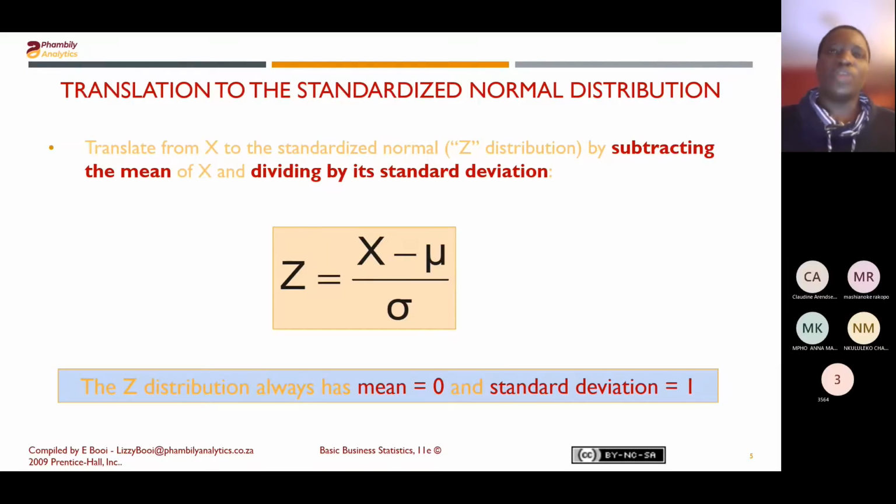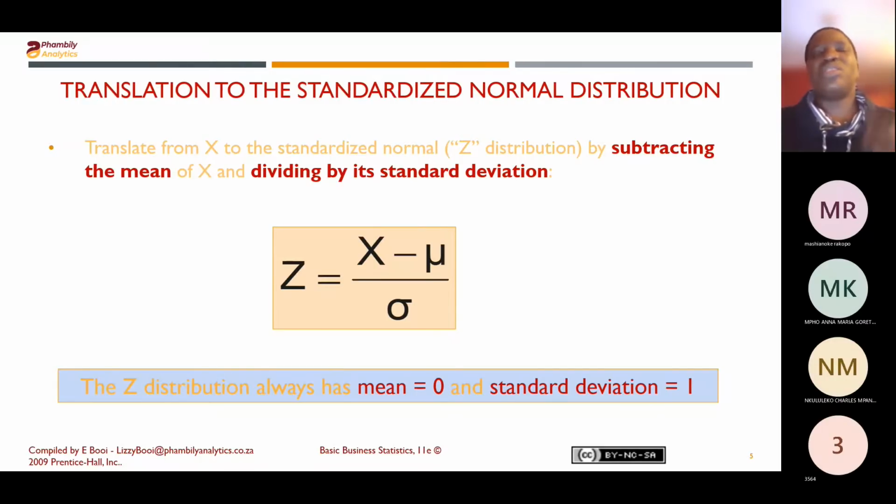Using the Z value, you can also compare and see whether there are differences between, let's say, marks. Students have written the exam, and we have exam results for physics, maths, and chemistry, and we want to see the performance in those three subjects.